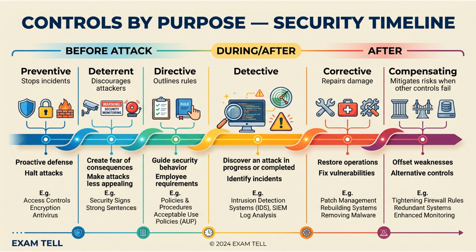During or right after the attack, you want detective controls that find the attack. After detection, you want corrective controls that fix the damage, and sometimes compensating controls when your main control fails. This timeline approach is exactly how they test you. Which control identifies the issue after it occurred? That's detective.